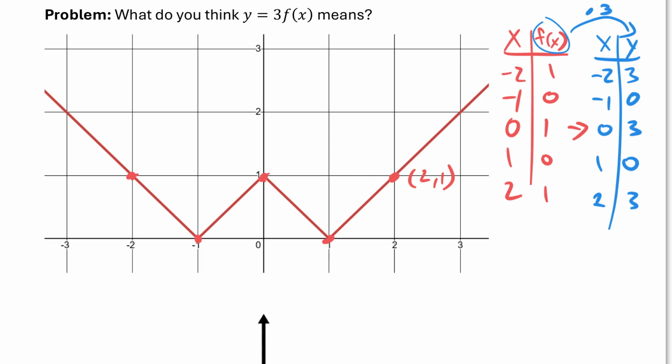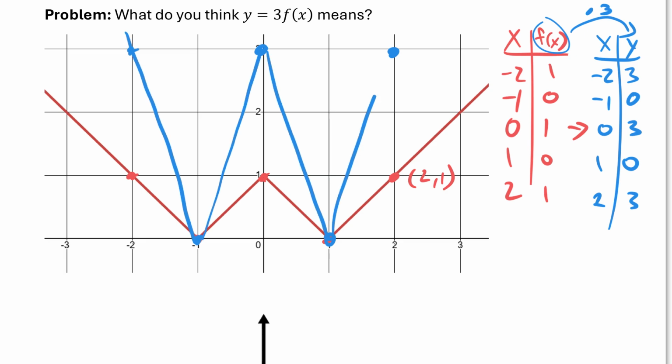And then we would simply plot those points either on a new graph, or I think we can actually fit it here on the same graph. So negative 2 and 3, negative 1 and 0, 0 and 3, boom, boom. And so we have this beautiful new graph.